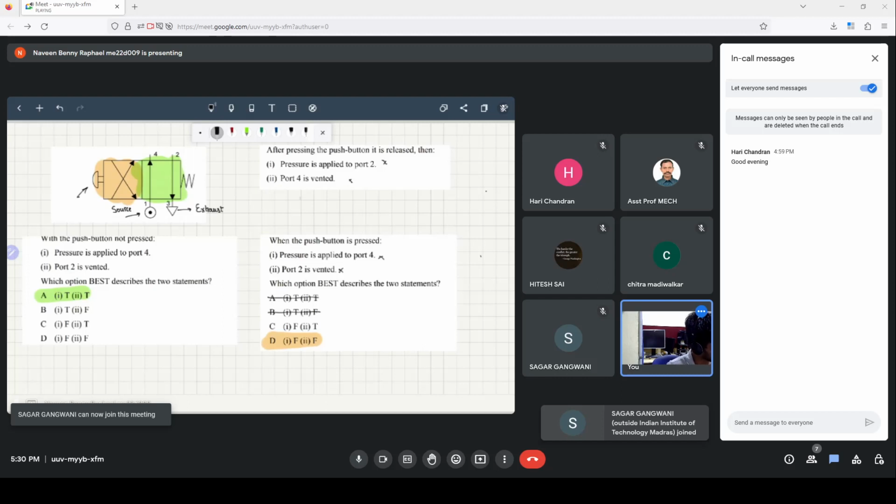So this will be D, false comma false. I hope that made sense. The important thing here is we are releasing the push button, and therefore it goes back to the original case. This is mainly because there's a spring here to bring us back to the original state. I hope that made sense.